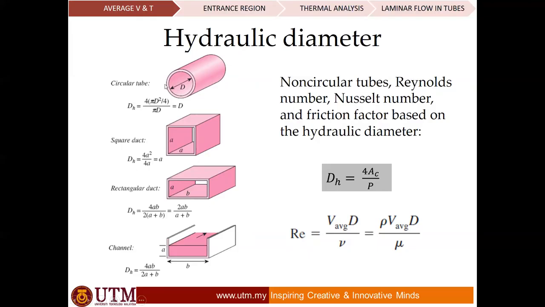For circular, it is simple: you choose the diameter. For a square duct, you choose the length. For a rectangular duct, the ratio of the length and the height. Basically, it is calculated from this equation: 4 multiplied by the cross-section area, divided by the perimeter. You can find this in the table in the textbook. This is important in order to calculate the Reynolds number.